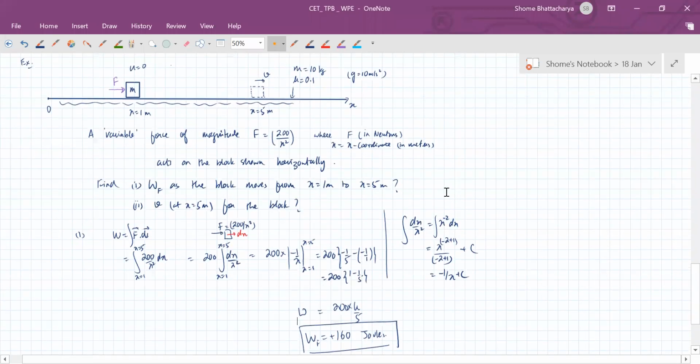Okay, so hope you've understood this part. Now for the second part, you calculate the work done by friction, so that you can calculate the net work done, because we'll use the work kinetic energy theorem. That also we discussed last time.